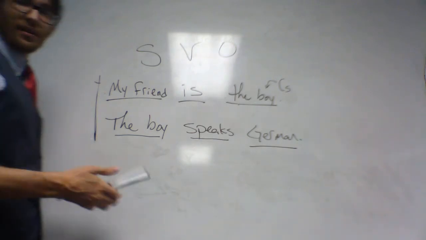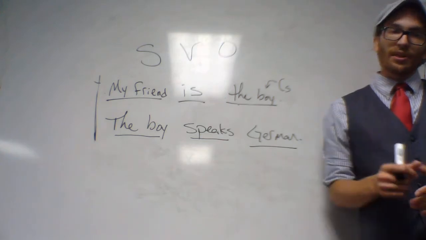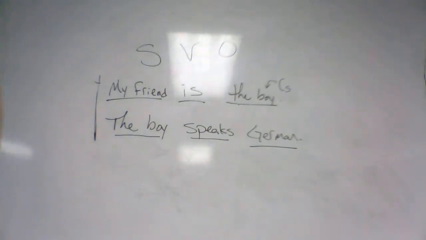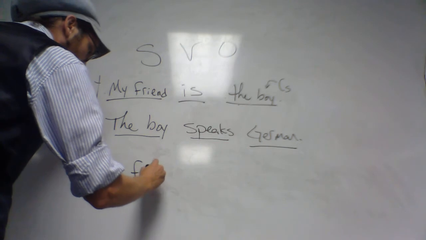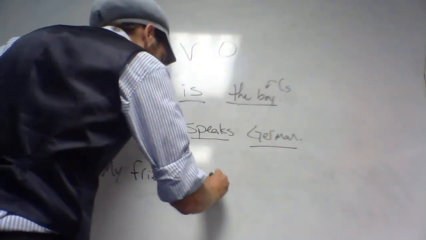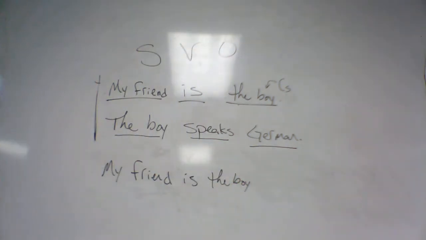So relative clauses demonstrating relative pronouns which are objects, not subjects. This is where we want to turn next. So our sentence might be, my friend is the boy, or girl for that matter.